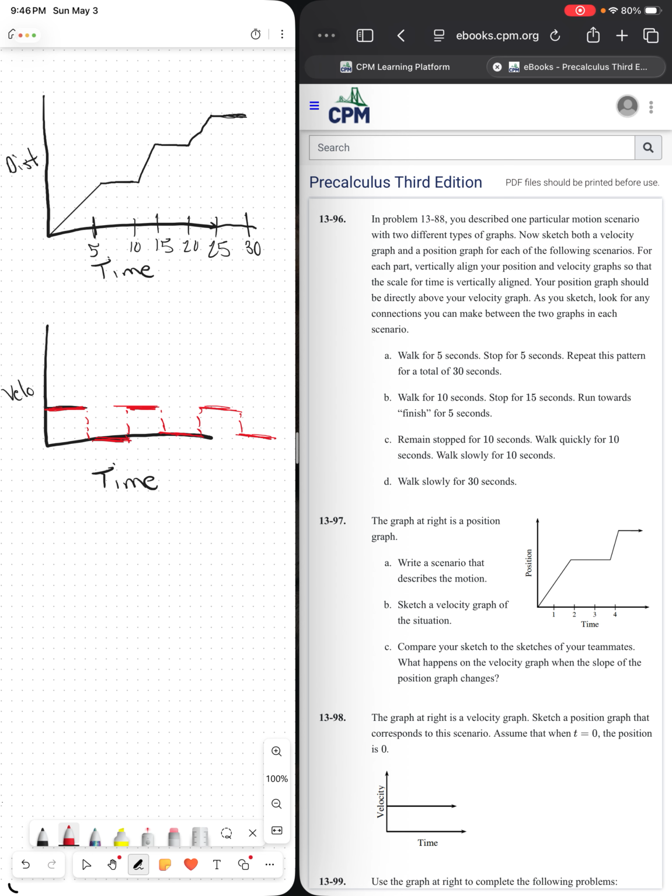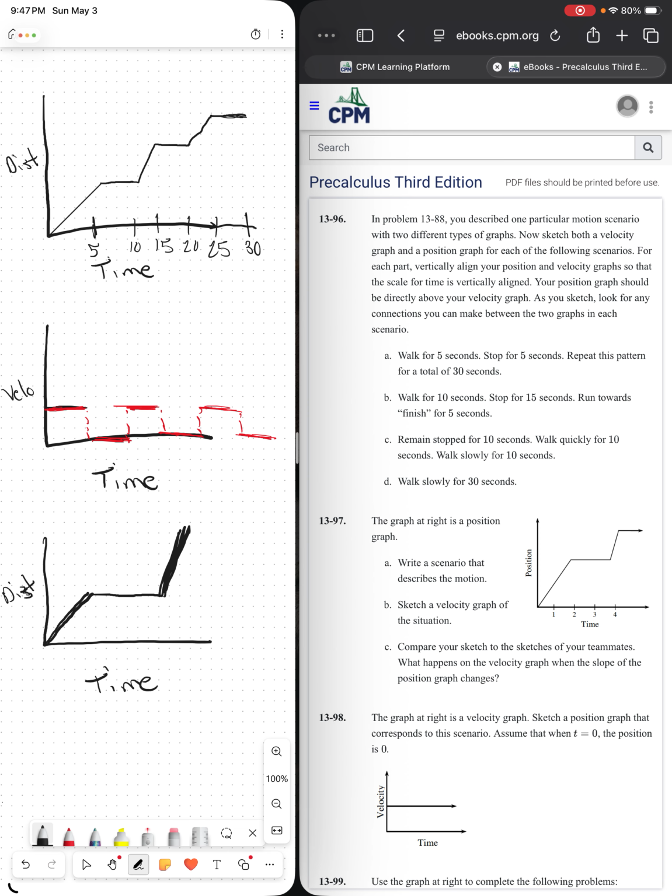Okay, the next one, we're going to walk for 10 seconds. We're going to stop for 15 seconds. Then we're going to run towards the finish line. So what happens on our position graph is that running slope is increasing distance at a steeper rate than this.